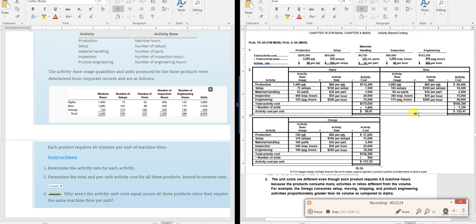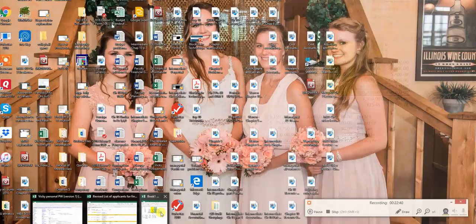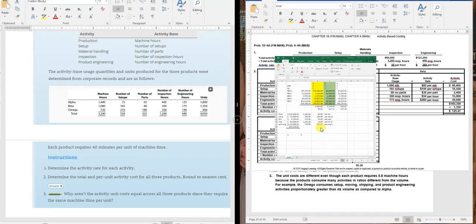Okay, and notice how they set it up. It's the same but a little bit different. But now I have the costs, and the costs are very much different than what I would have if I had a single overhead rate. I don't know if you recall those, but let me bring it up again here.